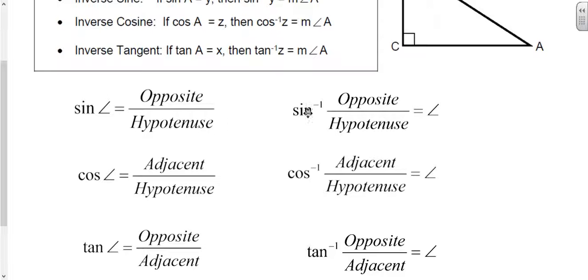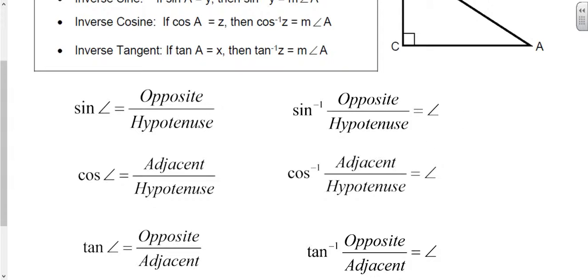I think this is a better way to describe it. So we use these to find angles when we know these two sides. Whereas we use the regular trig functions to set up an equation to solve for a side, we use the inverse to set up an equation to solve for the angle, and you'll see how easy it is.